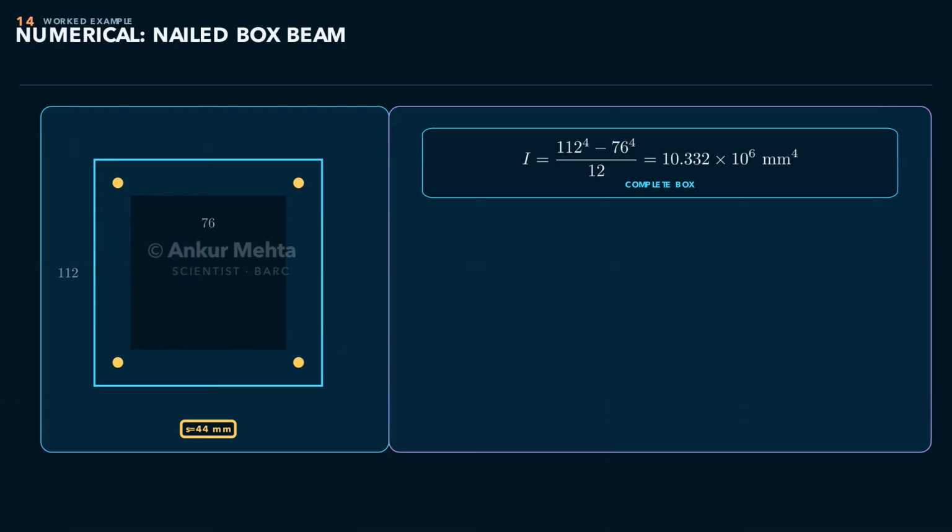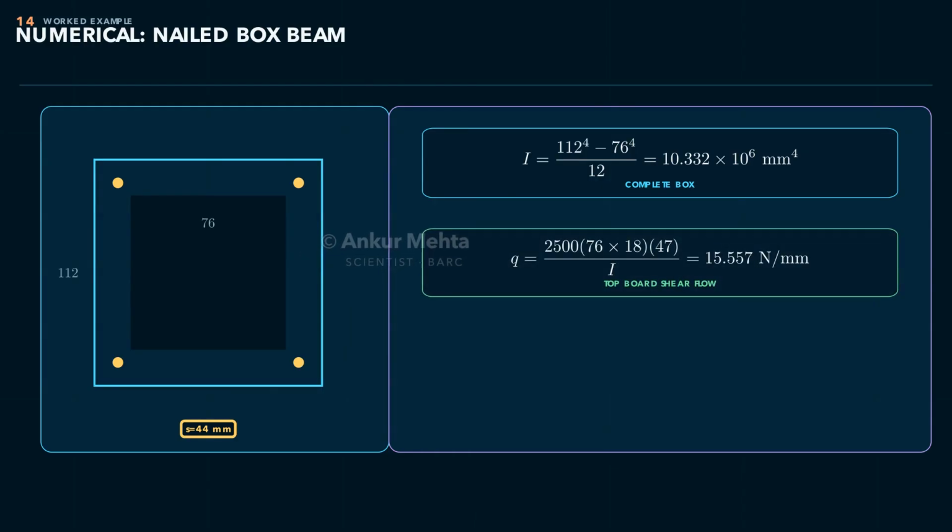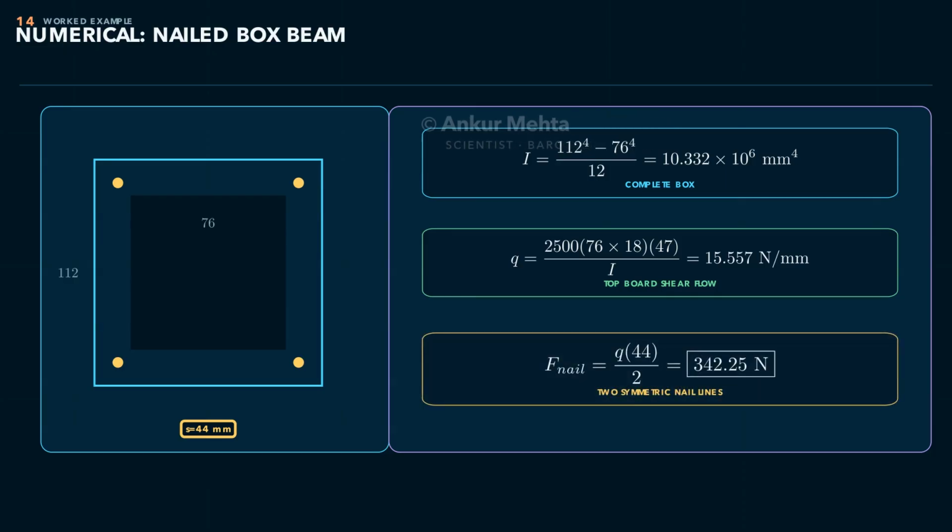The complete second moment is (112 to the fourth minus 76 to the fourth) divided by 12, giving 10.33 million millimeters to the fourth. Hence q is 15.56 newtons per millimeter. Over one pitch, the total transfer is qs. Two symmetric nail lines share it, so each nail carries 342.25 newtons.